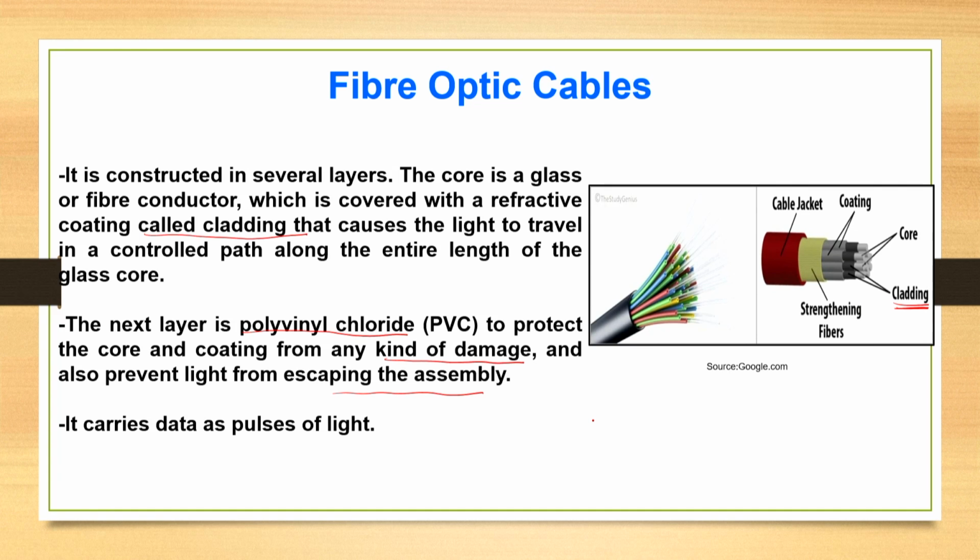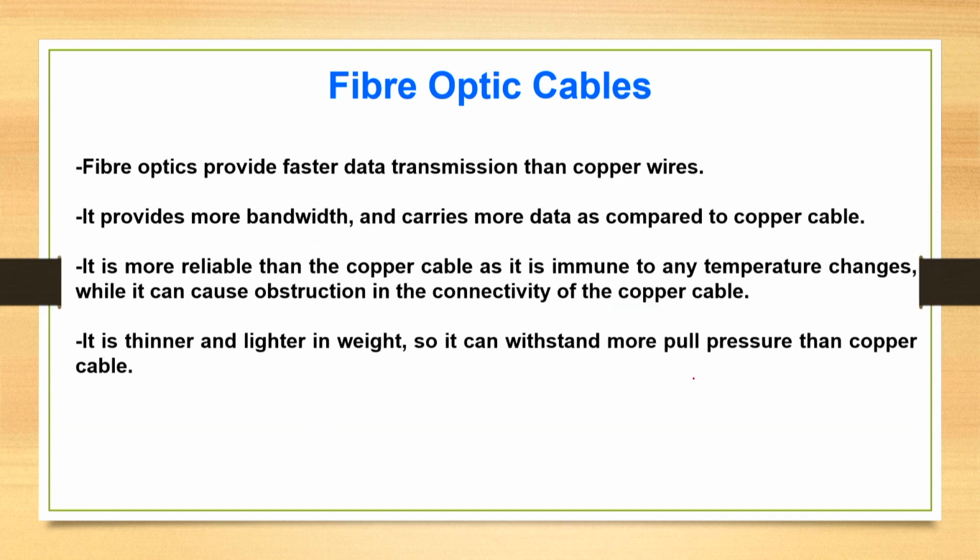It carries data as pulses of light. It uses electrical signals for communication. It provides faster data transmission than the copper wires and obviously the twisted pair. It provides more bandwidth and carries more data as compared to the copper cable and twisted pair.